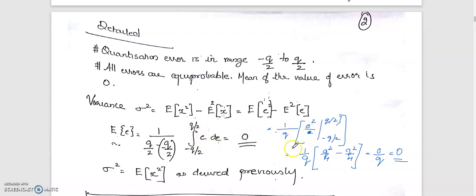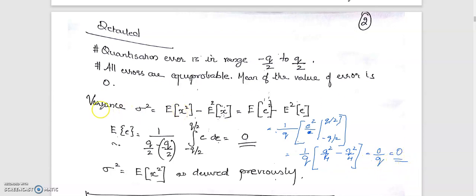Now why does it become equal to 0? When we work on this, this becomes 1 by q, obviously this term becomes q, and it becomes e square, where the limit becomes minus q by 2 to q by 2. So it becomes q square by 4 minus q square by 4 equating to 0, and this will be 0 by q, which will be equal to 0.